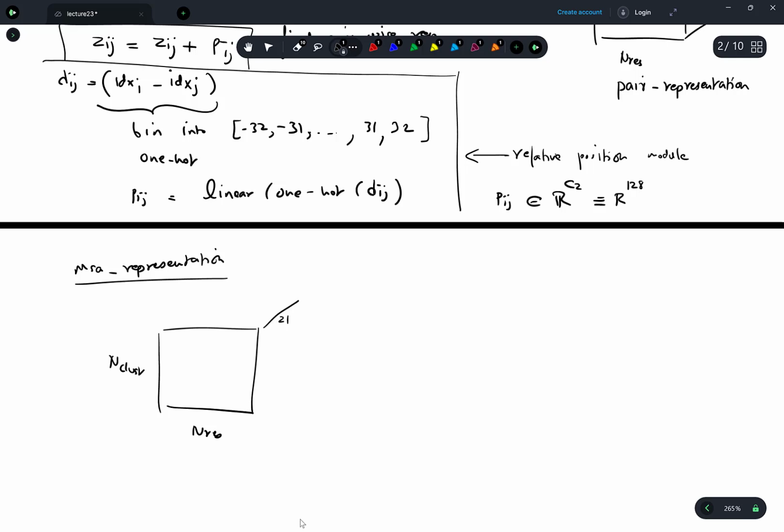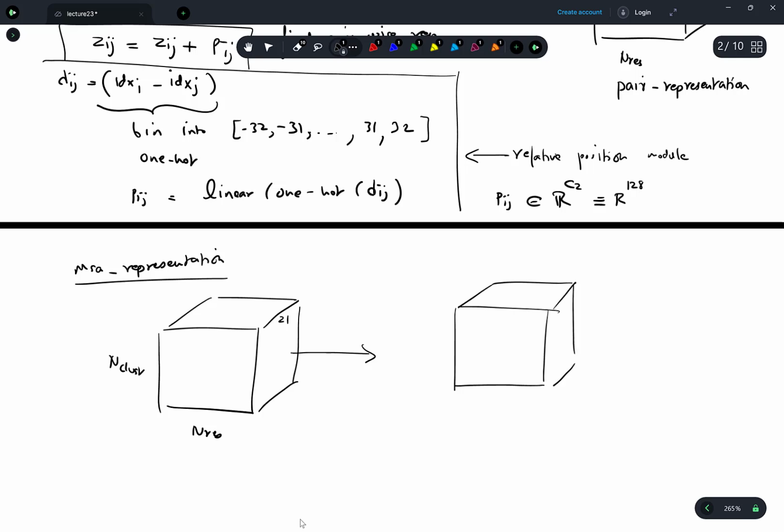What we want to do is transform this into an output of n clust by n res by Cm, where Cm is 256.